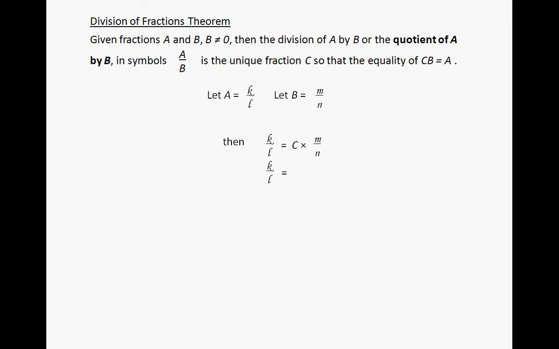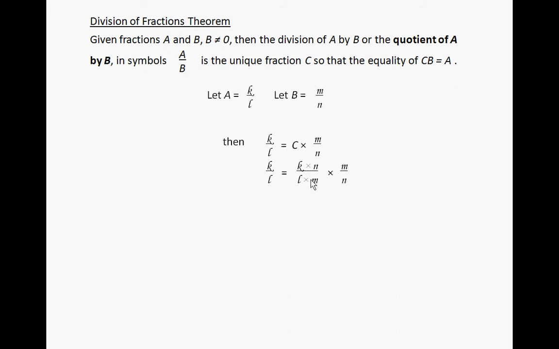Well, k over l then is going to equal some number c, and I've left a blank here, so we need to come up with something using the information that we have that when we multiply it by m over n is going to equal k over l. And that is this number right here, k over l times n over m.